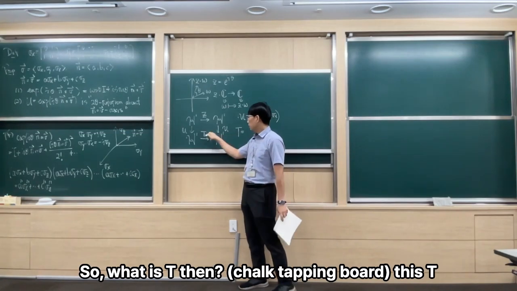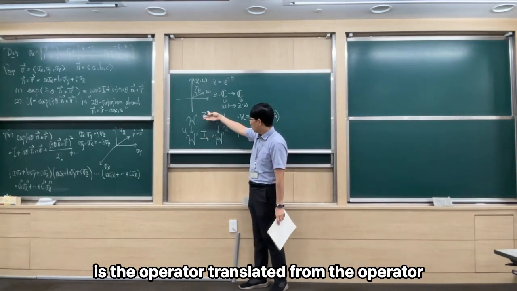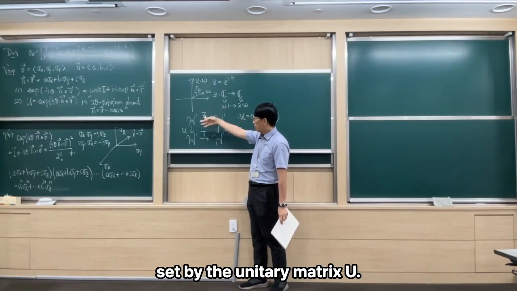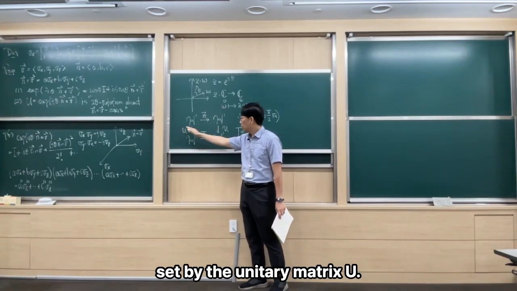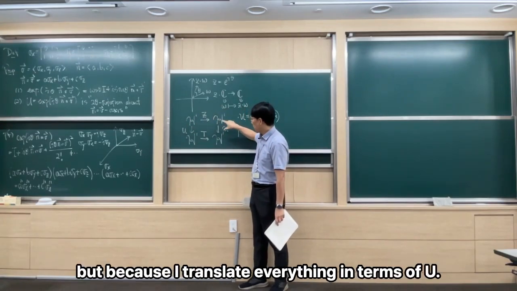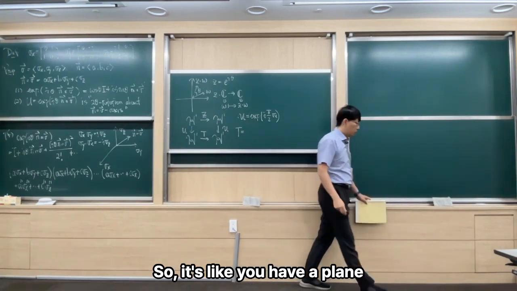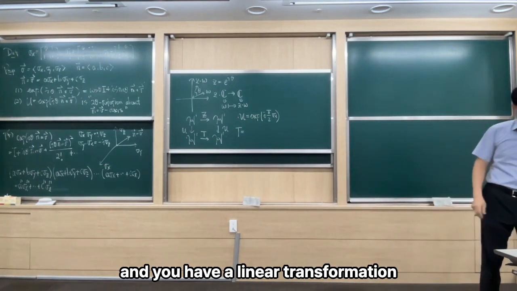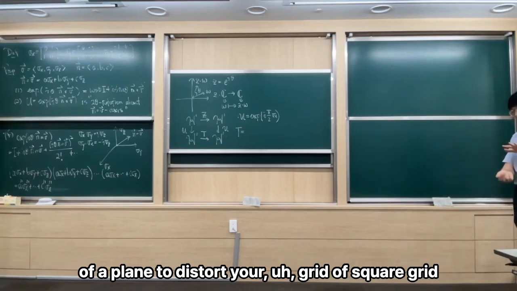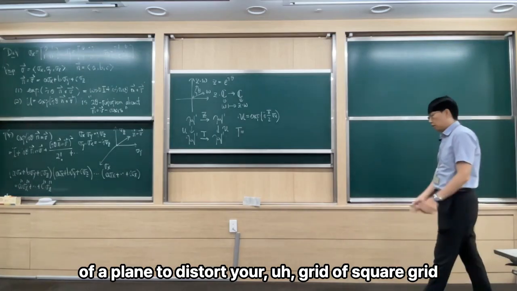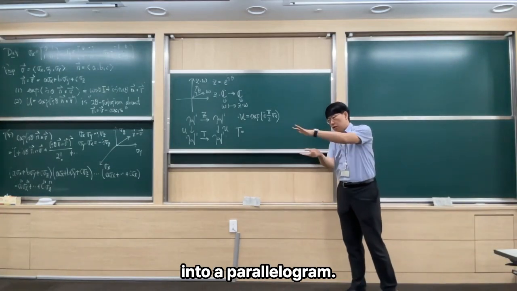So this T is the operator translated from the operator Z by the unitary matrix U. It was originally Z, but because I translate everything in terms of U, it's like you have a plane and you have a linear transformation of the plane to distort your square grid into a parallelogram.